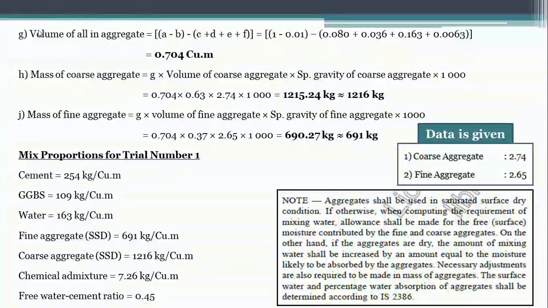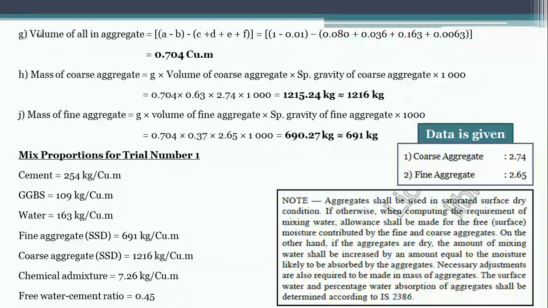But in the problem they have told that it is in a wet condition. Wet condition means even the surface is saturated, and all the internal voids of the aggregates are also saturated. I hope you got the difference between SSD and the wet condition.